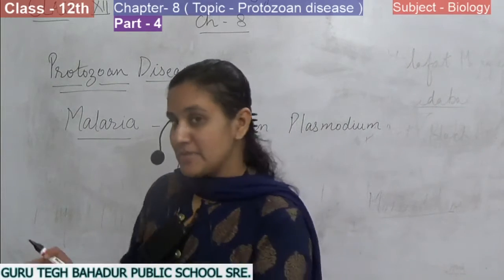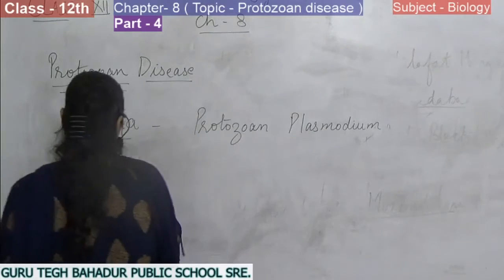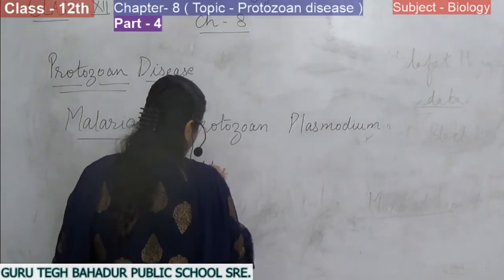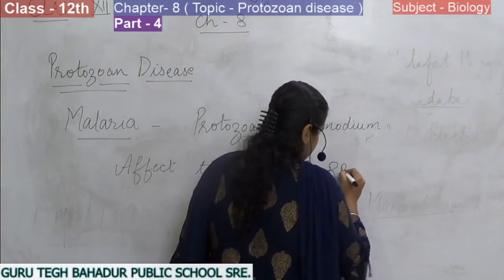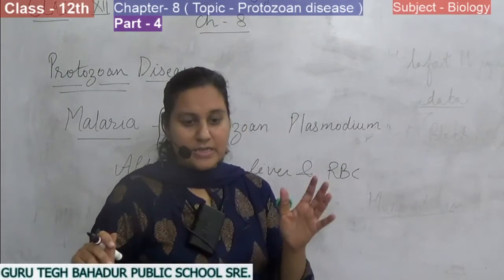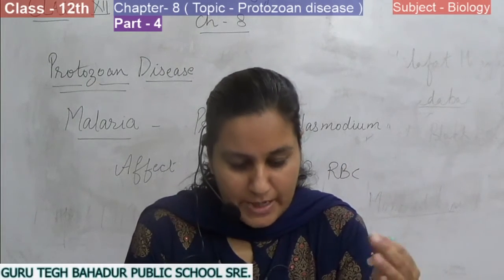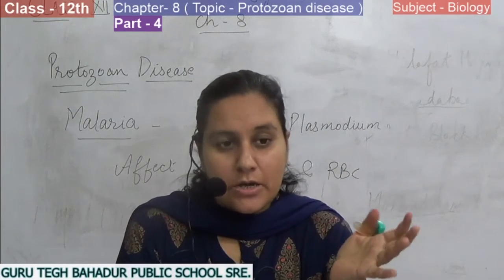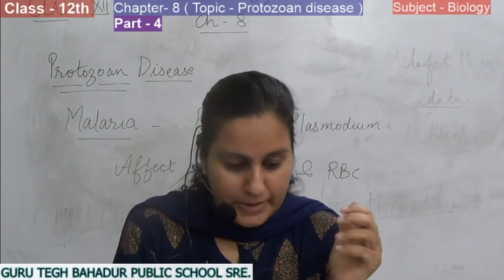So what happens exactly? This protozoan plasmodium affects the liver and the RBCs of the human body. As a result, there will be various types of symptoms like high fever, chills, vomiting, and the person is affected from malaria.